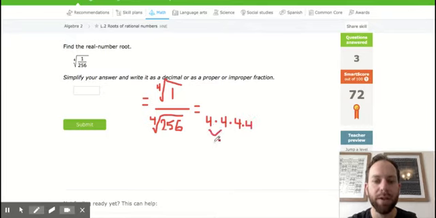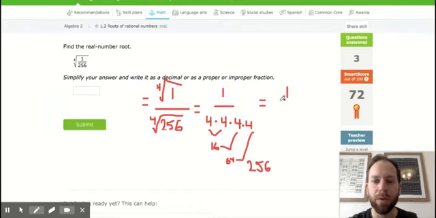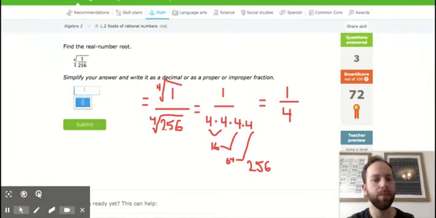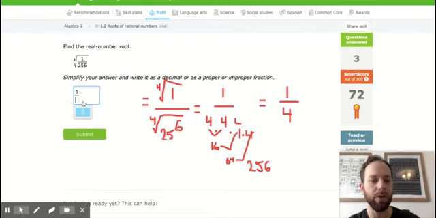That would be 16. 16 times 4 is 64. And 64 times 4 is 256. So the fourth root of 256 is 4. So this equals, remember the fourth root of 1 is just 1, so this is 1 over 4. The numerator is a 1, the denominator is a 4.